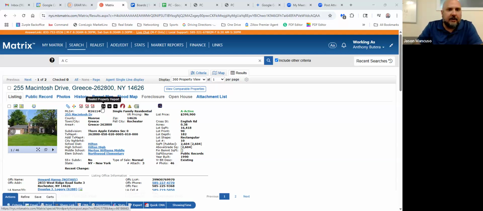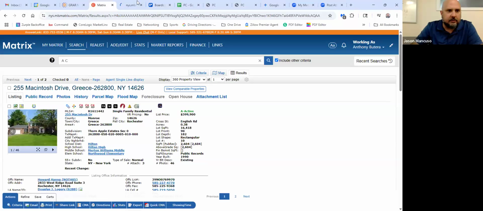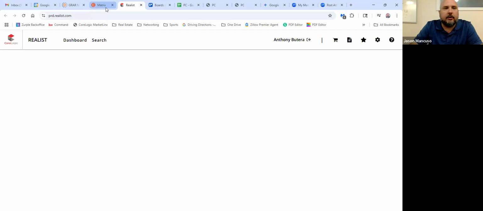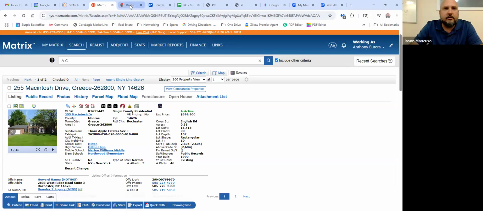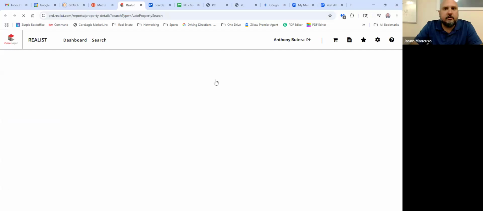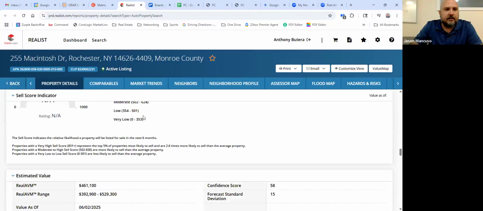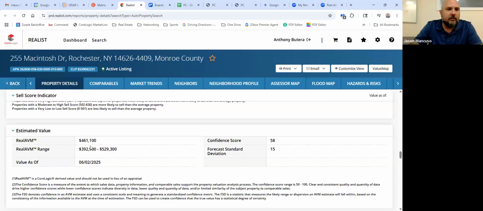But to give you another sense of how it works, in this section here, estimated value, this AVM range and amount provides a general snapshot of what the algorithm thinks this home is worth.